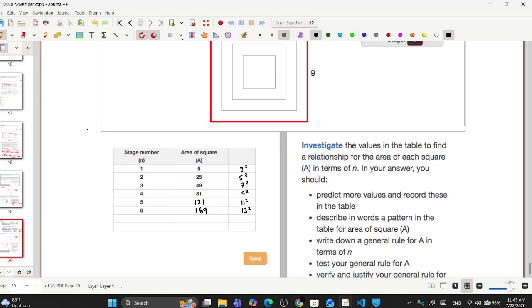Describe in words a pattern in the table for area of square A. The pattern is that the area is following a rule of squaring consecutive odd numbers. How do you spell consecutive?